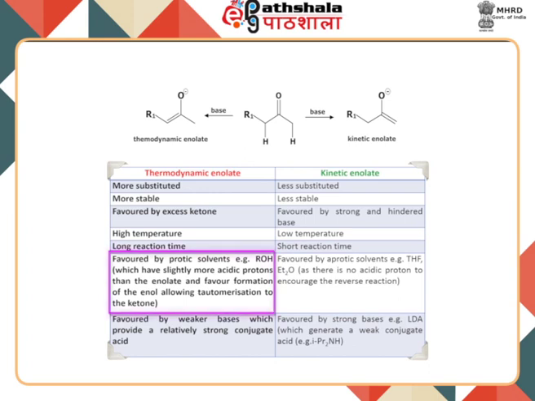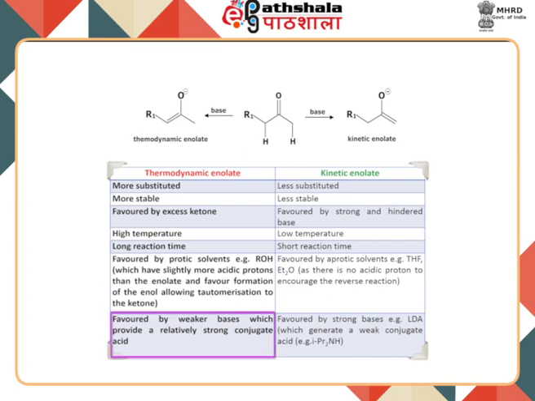Thermodynamic enolate is favored by protic solvents, for example alcohols, which have a slightly more acidic proton than the enolate and favor formation of enol, allowing tautomerism to the ketone. Whereas the kinetic enolate is favored by aprotic solvents, for example THF and diethyl ether, as there is no acidic proton to encourage the reverse reaction.